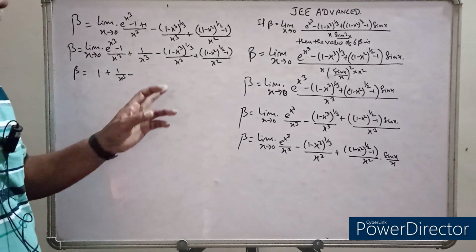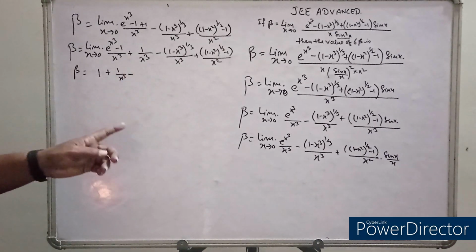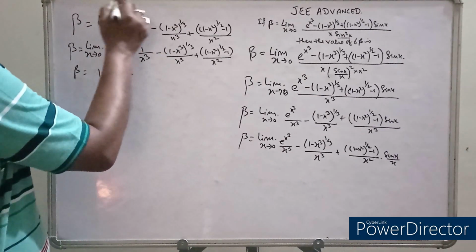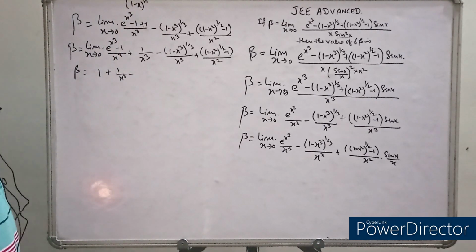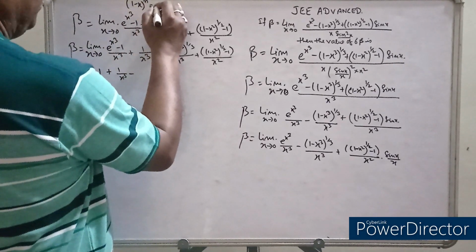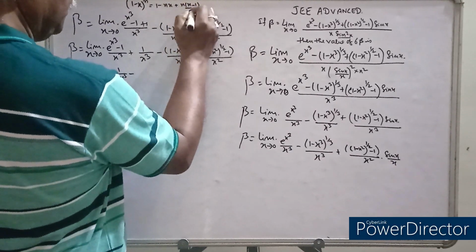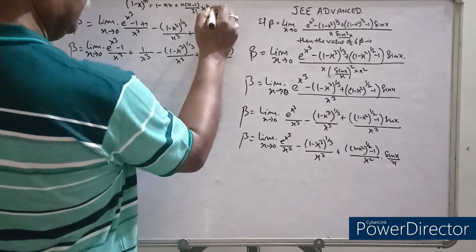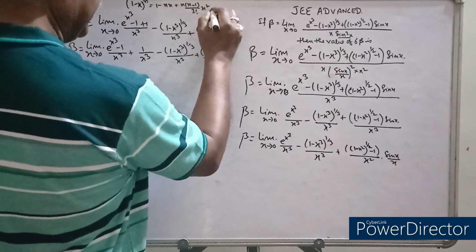So this binomial expansion is for 1 minus x to the power of n. The binomial expansion of this is 1 minus nx plus n into n minus 1 by 2 factorial into x square, and so it goes on like this, alternating plus and minus.